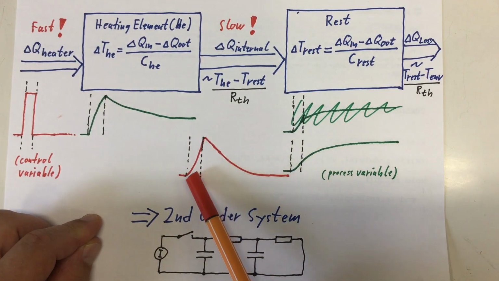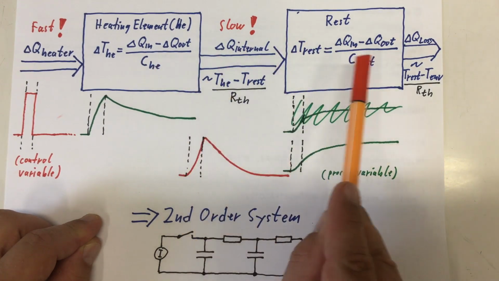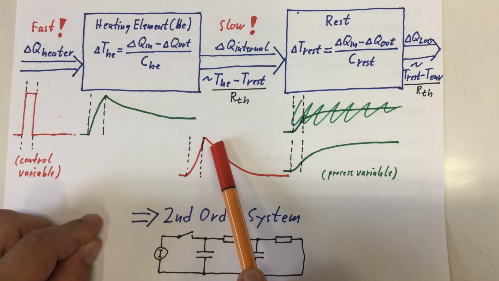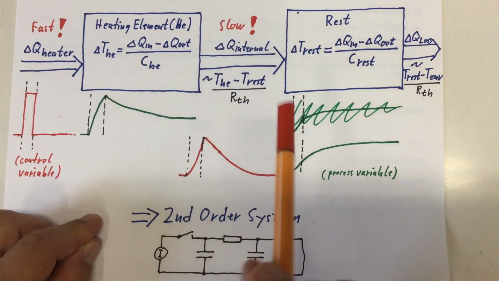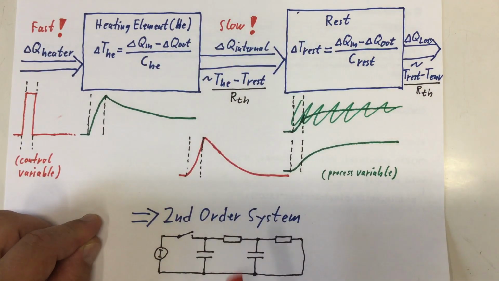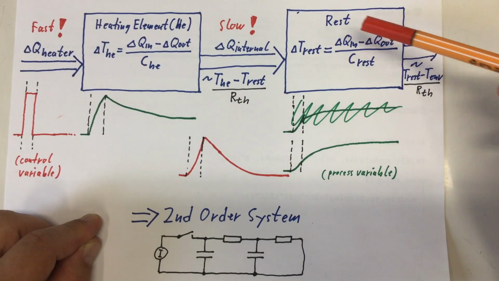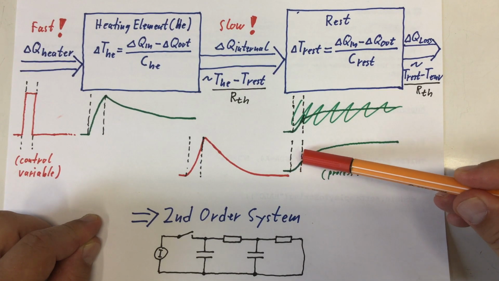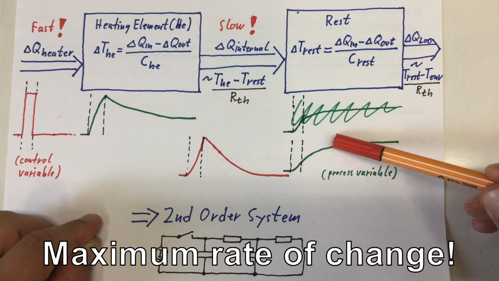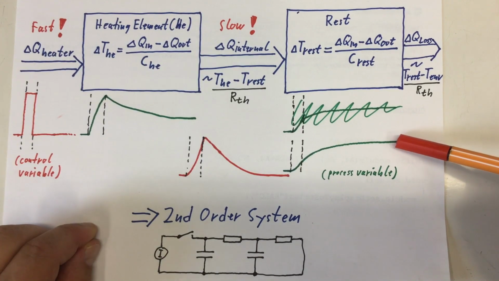At the beginning we have no energy flow, and that is rising as the temperature differential is rising, and then it's going slowly down again as the temperature differential is going back to zero. And in effect, we get the temperature curve for the rest. So starting slowly, then going to a maximum, and then flattening out again until we reach our equilibrium again.